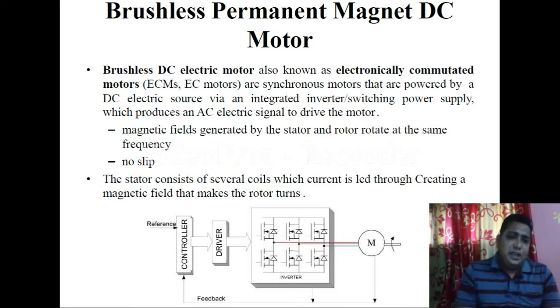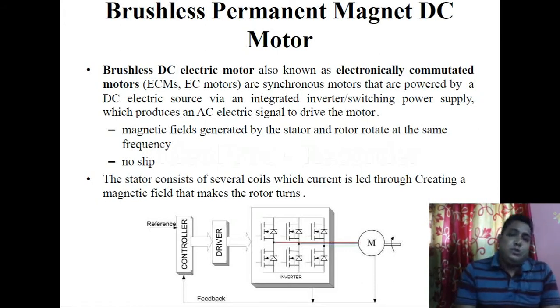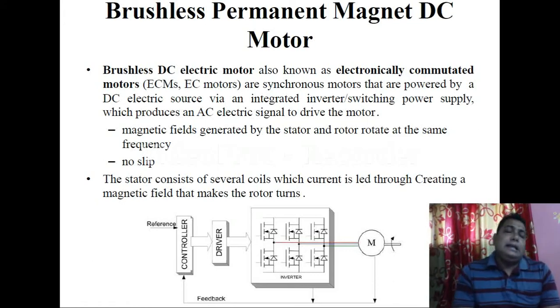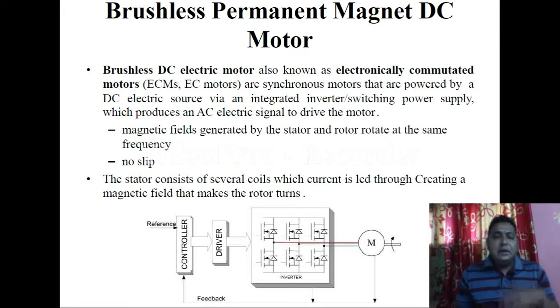Okay, so now combining these two concepts, we have the brushless permanent magnet DC motors. So brushless DC electric motors, also known as electronically commutated motors, are synchronous motors that are powered by a DC electric source via an integrated inverter or switching power supply, which produces an AC electric signal to drive the motor. That means we have a motor which has two parts, one is the stator, one is the rotor.